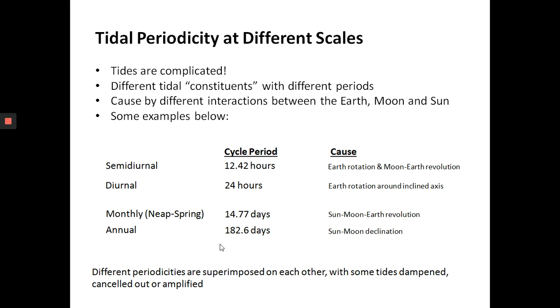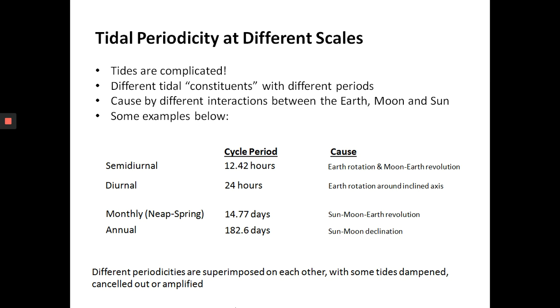So you get different kinds of tidal cycles, right? They have their different periods, but they are actually interacting with each other. You get different kinds of tidal cycles superimposed on each other, right? So if you remember, you know about wave theory in physics, right? If you have two waves with different periods, different frequencies, they can actually sometimes cancel if they are in phase or out of phase, right?